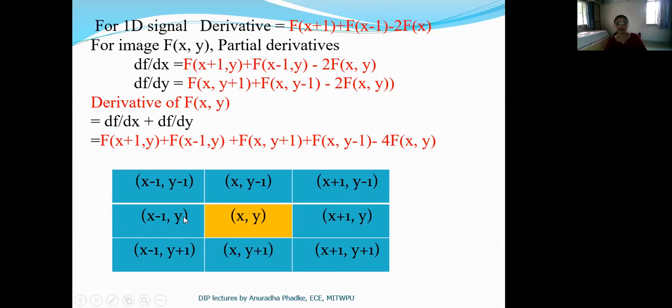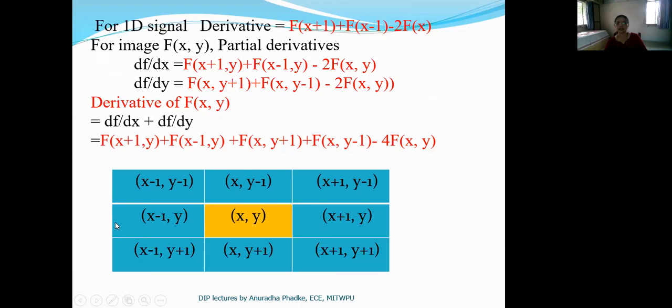So when we consider variation along this horizontal direction, y remains constant. The row value is the same, meaning y is constant and we are varying x as x minus 1, x and x plus 1.